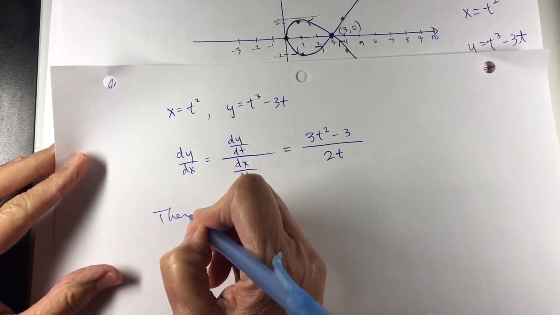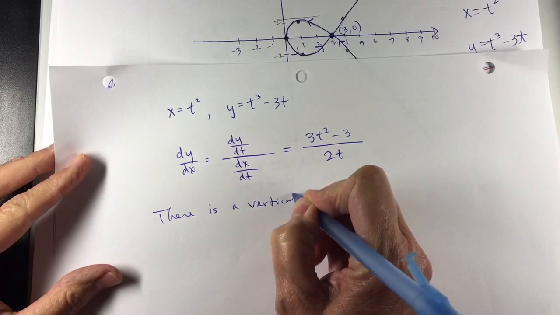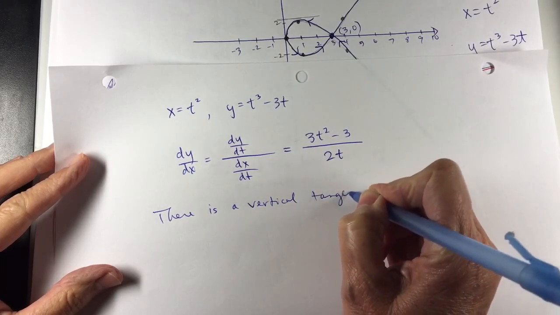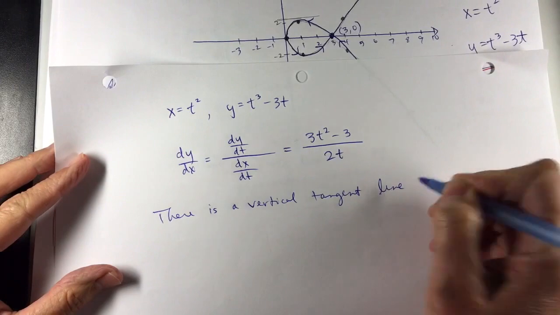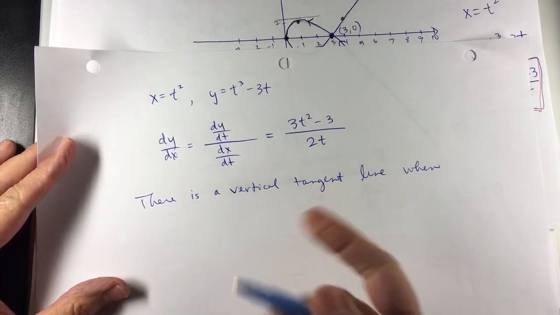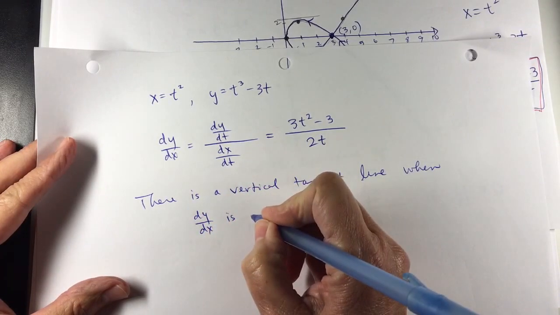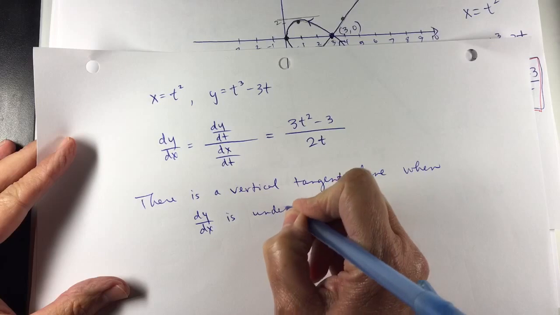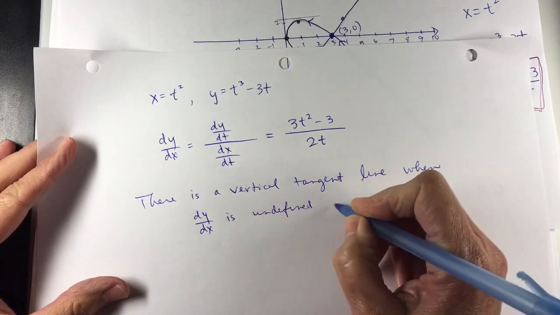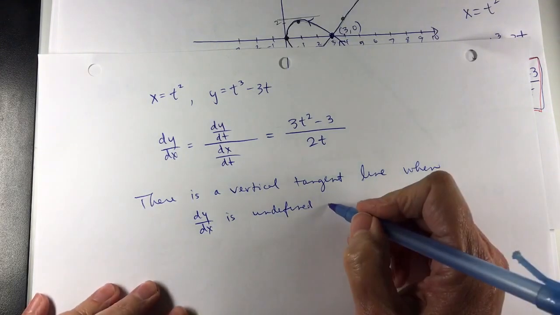So there is a vertical tangent line when the derivative dy over dx is undefined, or when the denominator is 0.